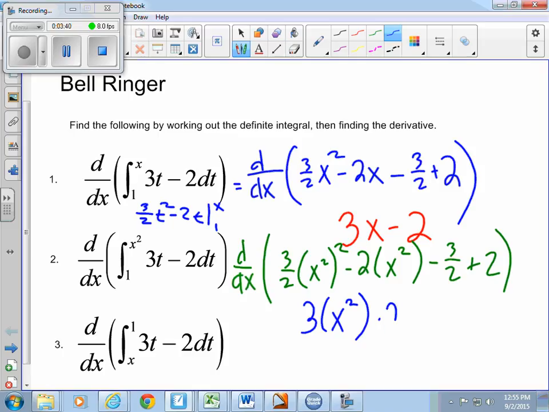Times 2x minus 2 times 2x. For whatever reason, we would do it that way. But everyone agree? The chain rule, the derivative of the inside.